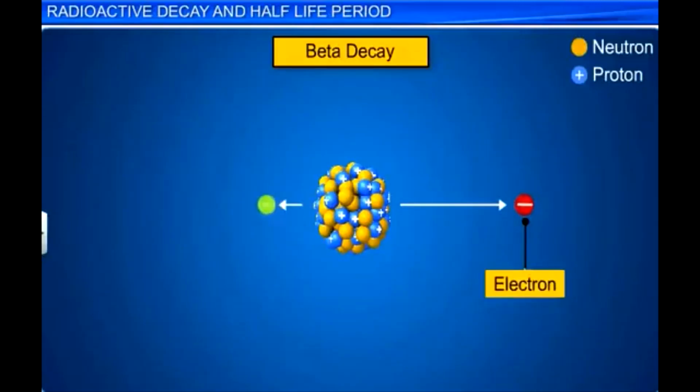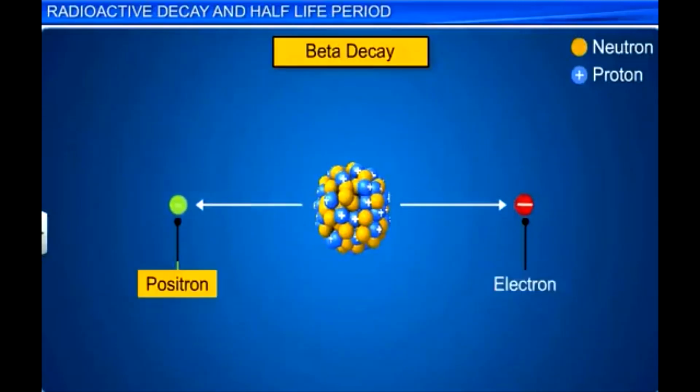In beta decay, a radioactive nucleus emits either an electron or a positron. A positron is a positively charged particle with mass same as that of an electron and magnitude of charge also exactly same as that on an electron. If an unstable nucleus releases an electron along with an antineutrino, it undergoes a beta minus decay.